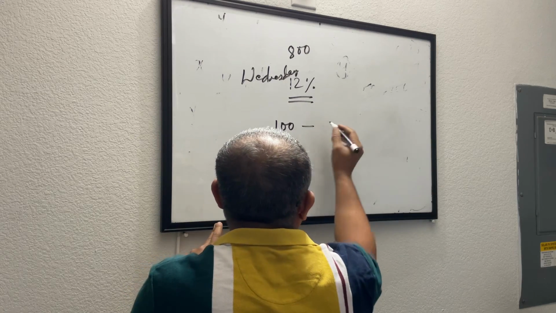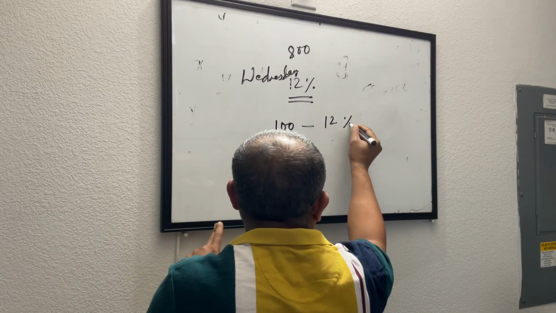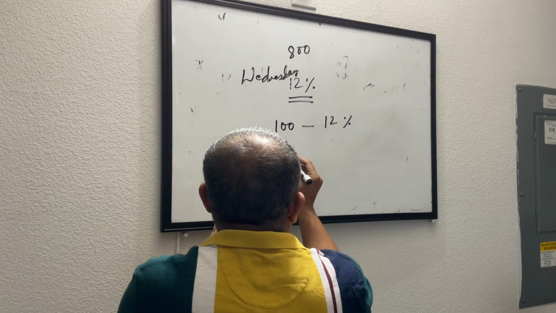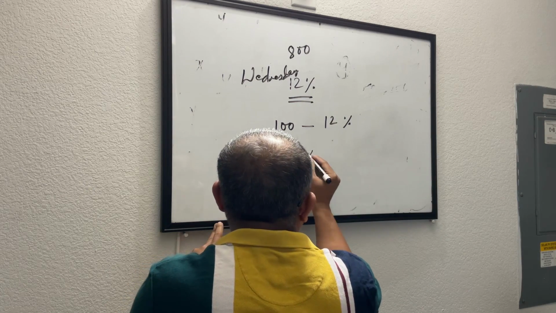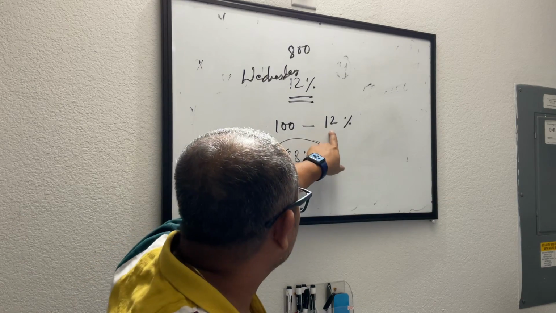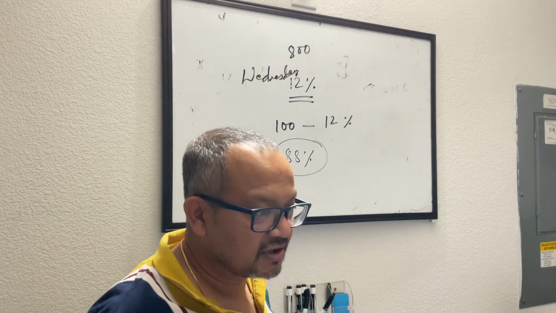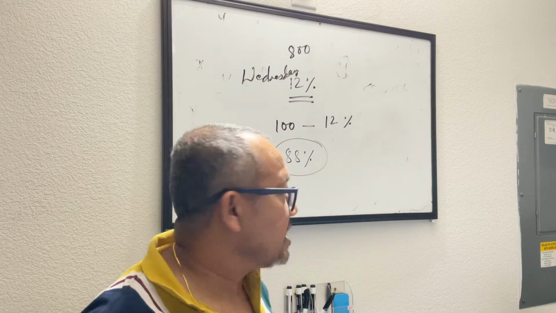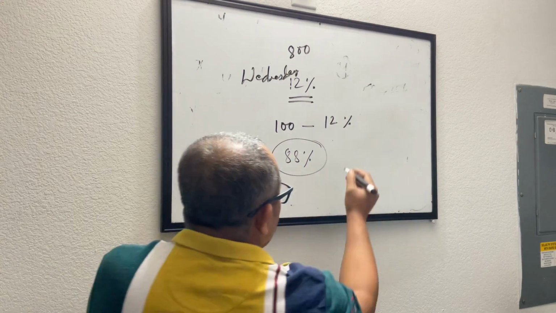Out of every 100, 12 students are staying back, 12%. So 88% of students are going on time and the remaining 12% are staying back for chess tournament, correct? Yeah.